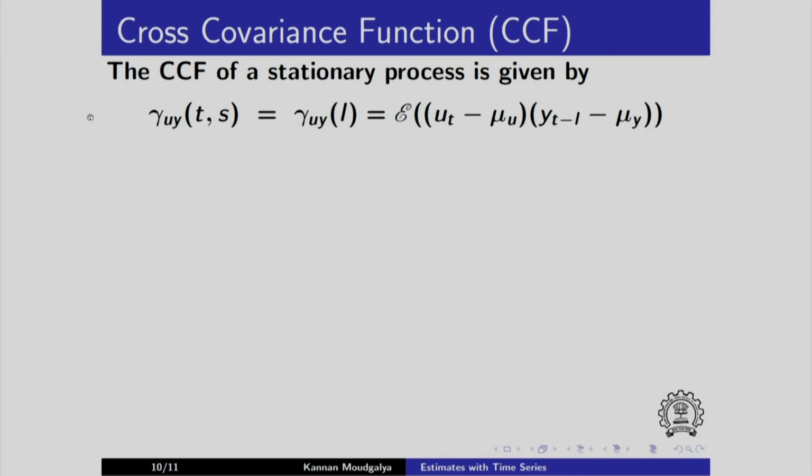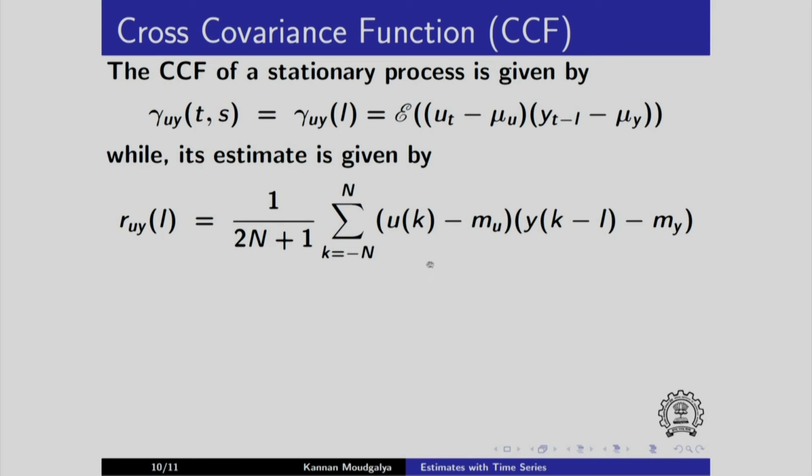Here is the definition, whereas its estimate is given by this. You have to remember to subtract the mean of the corresponding entity: u of k minus m u. Here it is y of k minus L minus m y.